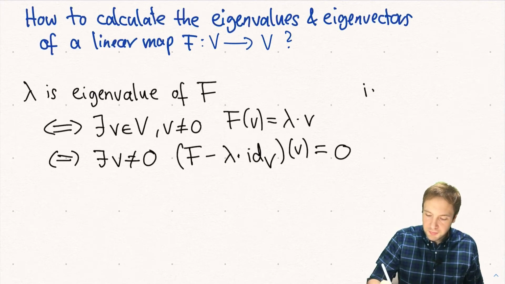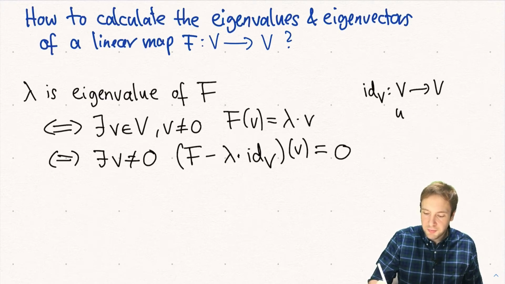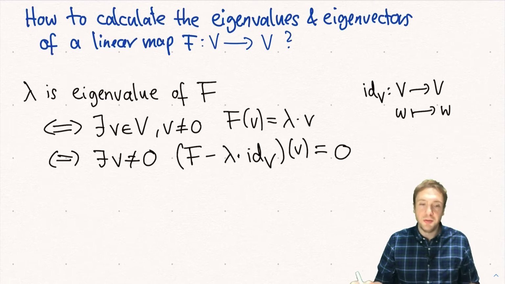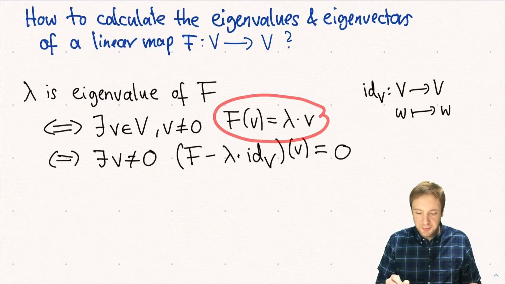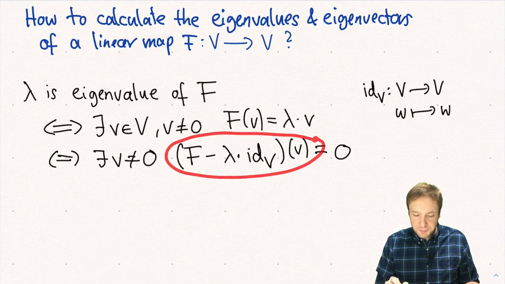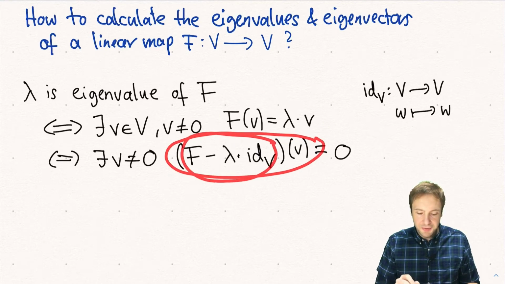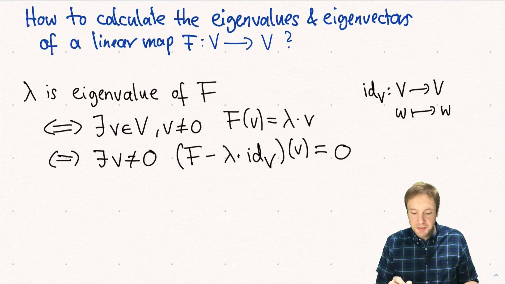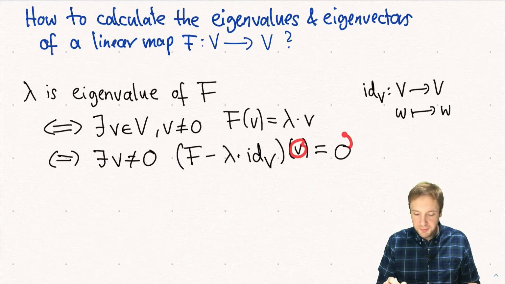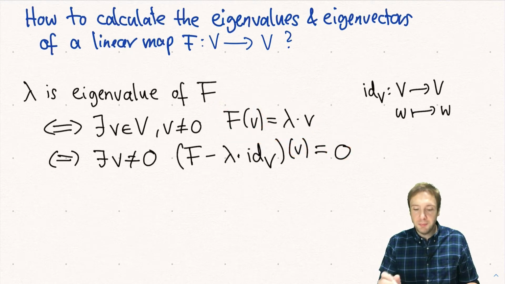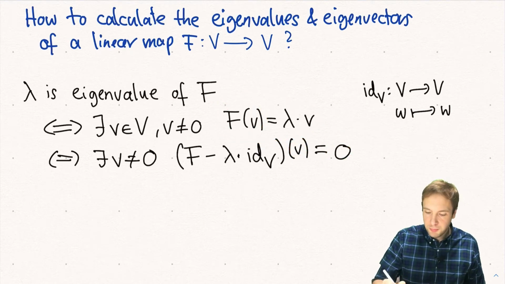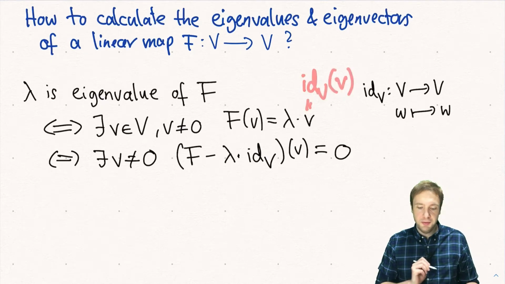And here this identity on V is just the linear map which just sends the vector w to w. And clearly this condition is equivalent to saying that f of v equals lambda times v, because the identity on this vector space V applied to this vector v is just v.